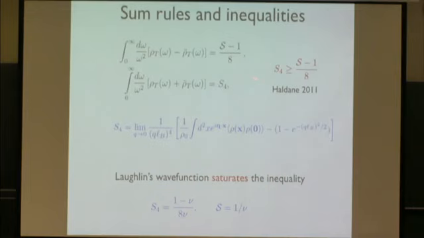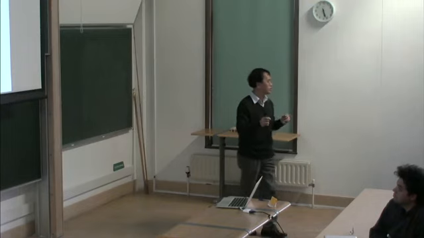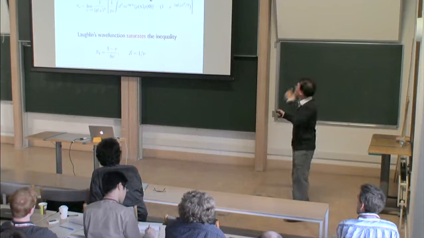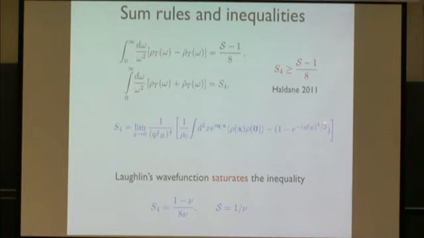The other sum rule, very similar looking, relates the sum of these two spectral densities with something called the structure factor. The structure factor is defined by taking the Fourier transform of the equal-time correlator of the density operator, subtracting from it some trivial contribution from higher Landau levels, and then dividing the result by q to the 4th.